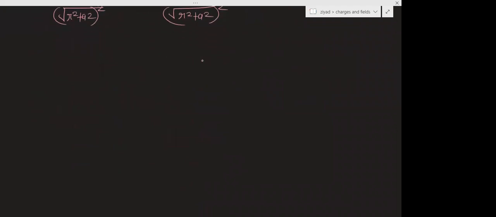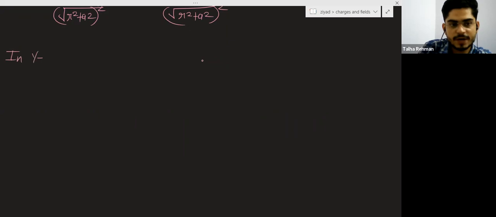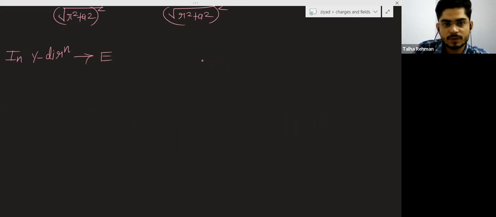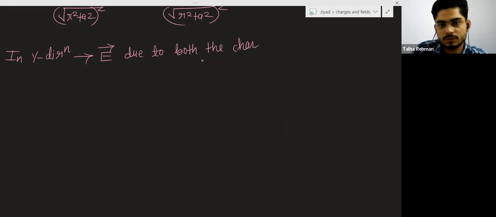So in Y direction, the electric field due to both the charges cancels out.